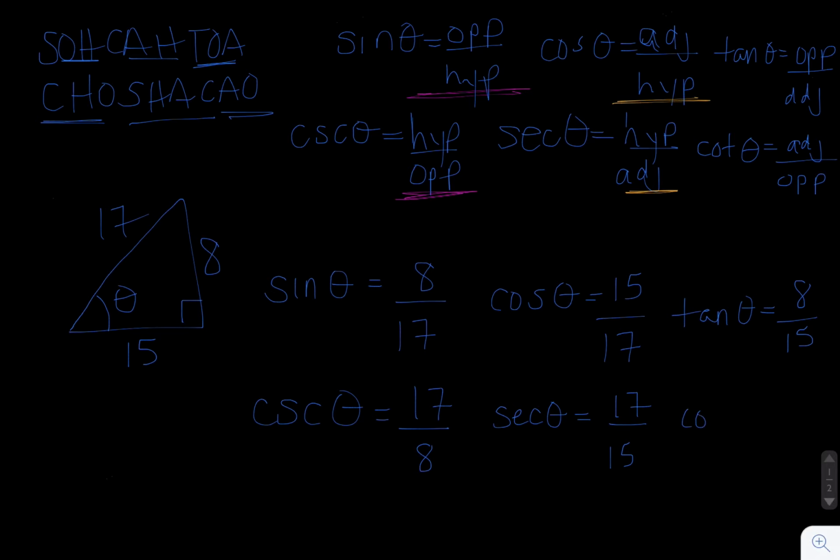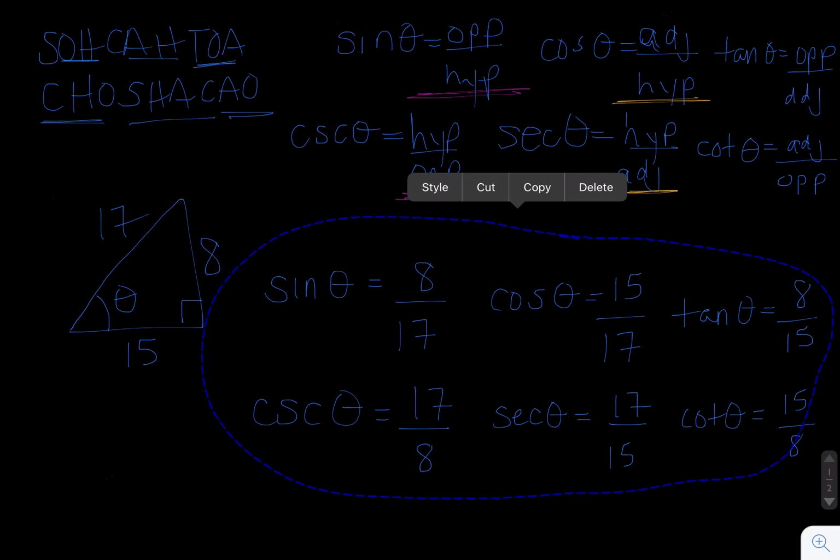And the cotangent of theta is the reciprocal of tangent, which means adjacent over opposite, so that is 15 over 8. And there you go, ladies and gentlemen, our 6 trig functions. All right, hopefully you got the right answer. Okay, let's move on. Let's go on to another problem.